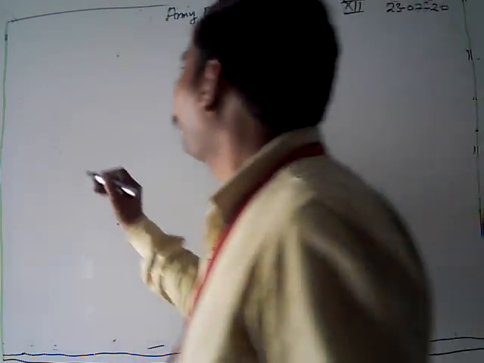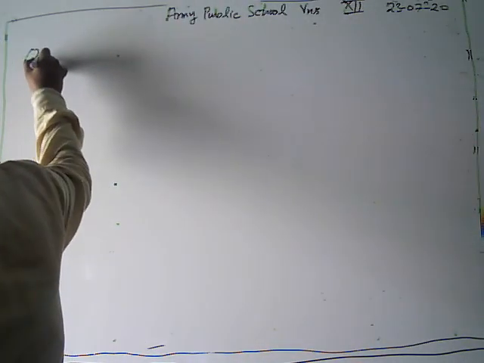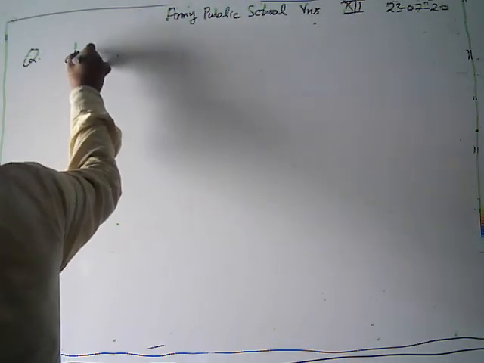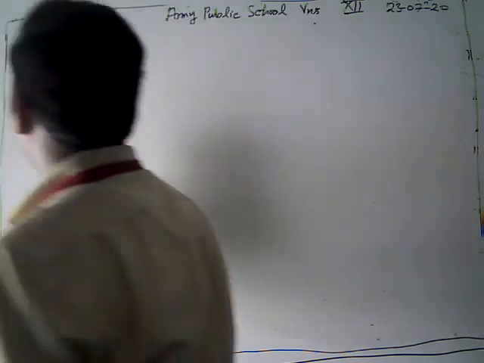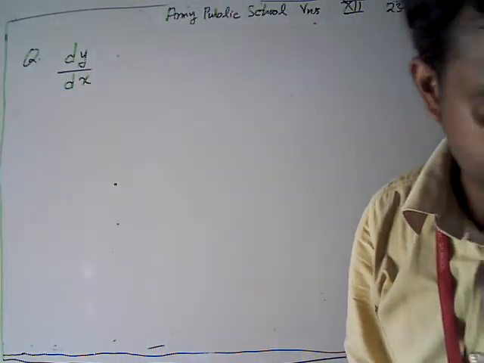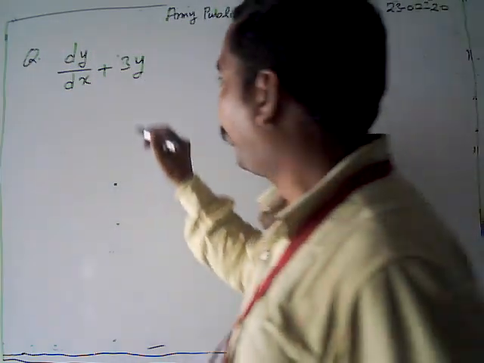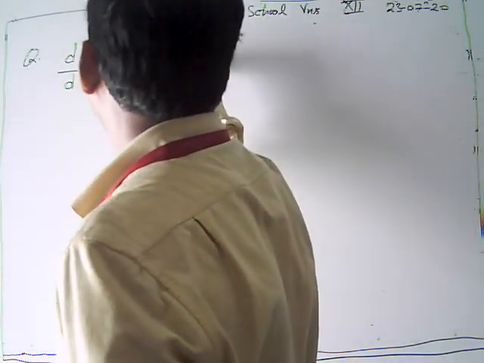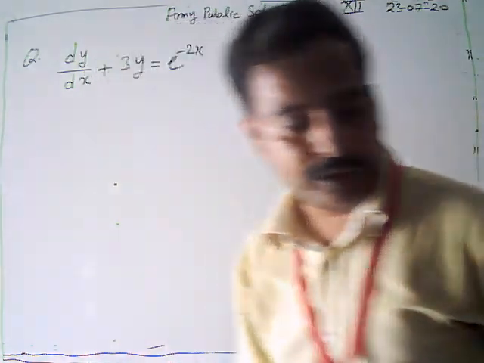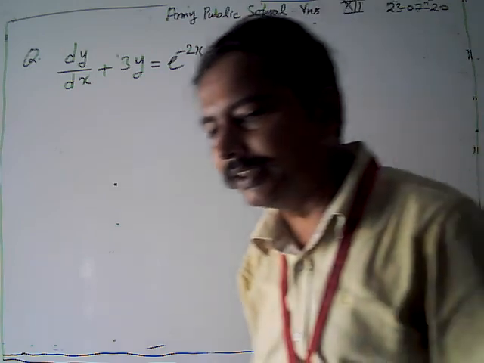It is given dy/dx + 3y = e to the power minus 2x. We have to find its general solution.